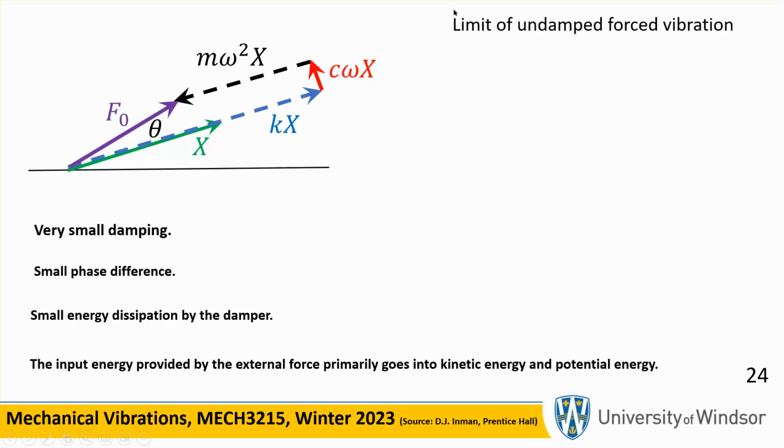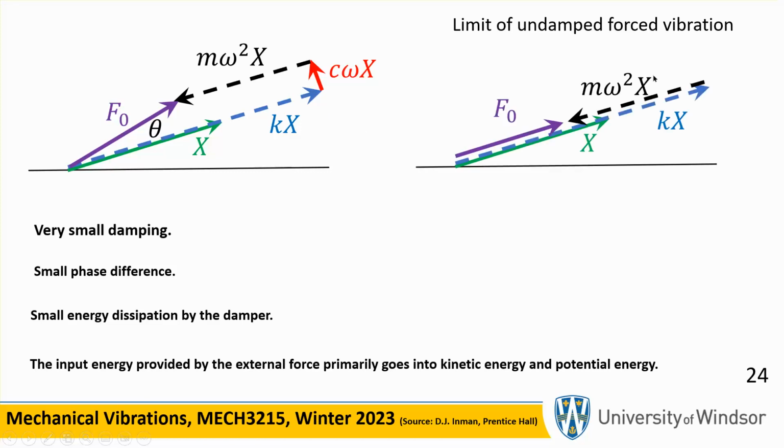Now, if there is no damping at all, then this red arrow does not even exist. So actually, this is a situation where the input energy due to this external force only goes into stretching the spring and kinetic energy.